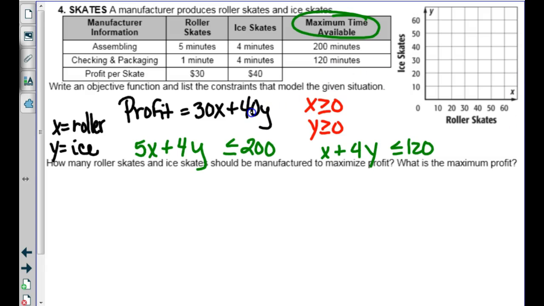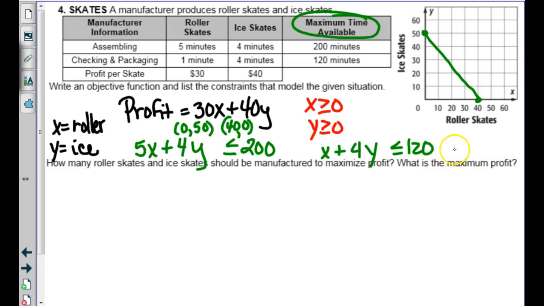Okay, so it's gotta be in the first quadrant. What am I graphing? Do I graph this black one? No, only the green ones, okay? If I put a 0 in for X on this, I would have 50 for Y. If I'm going kind of fast here, I know. If I put a 0 in here, 5 into 200 would be 40. So over 0 up 50, over 40 up 0, there's one line.